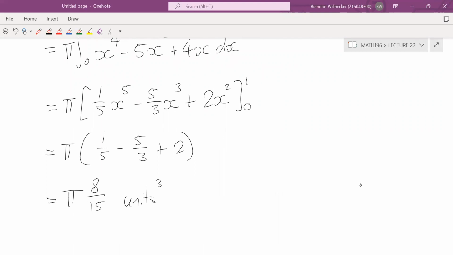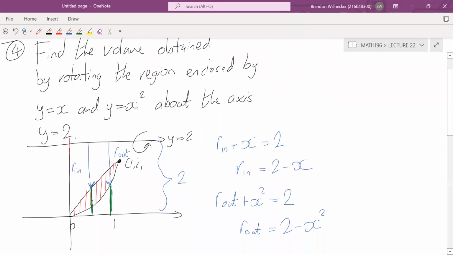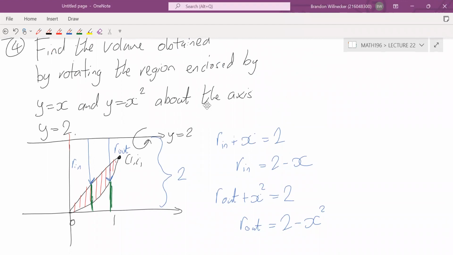So the only difference between this and the last example is we have a bit more work in finding the inner radius and the outer radius. But as long as you remember that the radius is the distance from the axis to the curve, so here, the distance from the axis to the curve is the radius there.